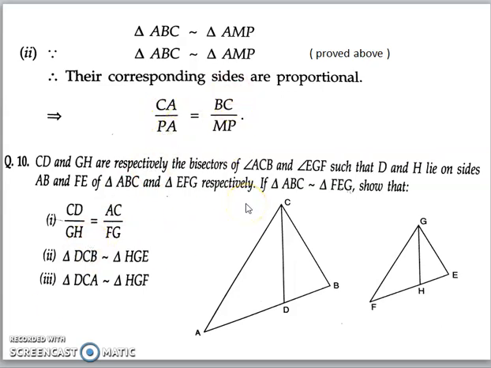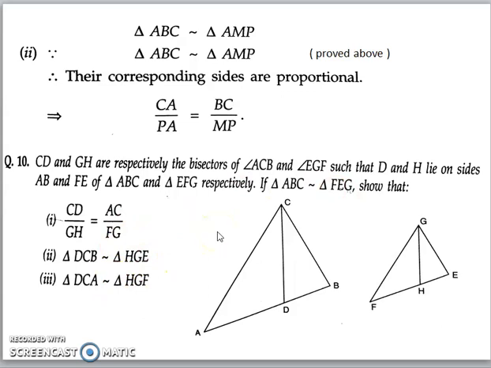The 10th problem, it is given CD and GH are respectively the bisectors of angle ACB and EGF, such that D and H lie on the sides AB and FE. Prove that if triangle ABC and FEG are similar, then you have to show these three parts.